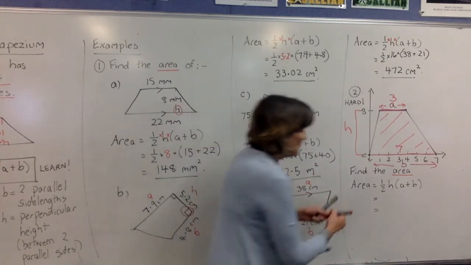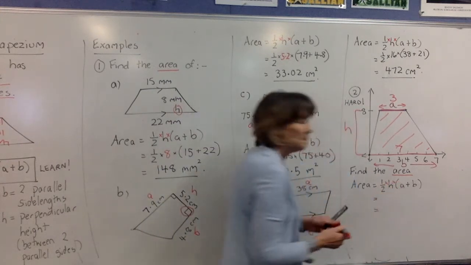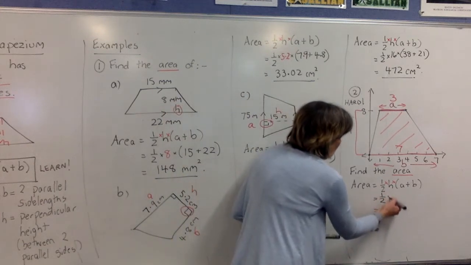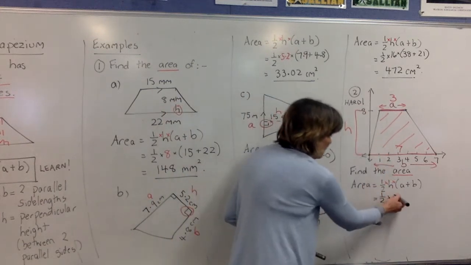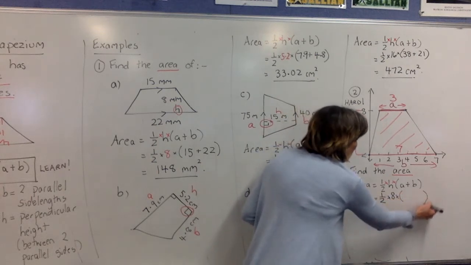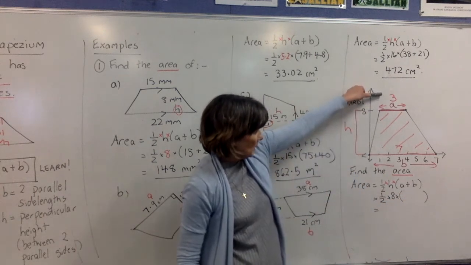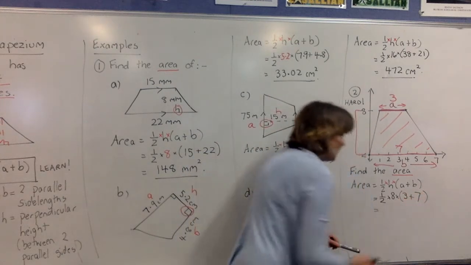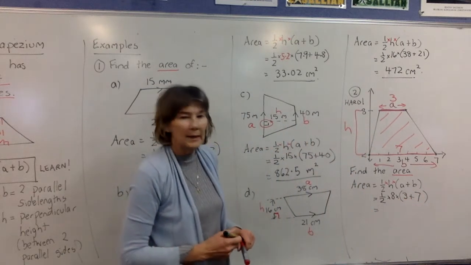So I write my formula down for the area of a trapezium, and I'm going to sub these things in. So I have a half times, the height is 8, times, open bracket, 3 plus 7 for my parallel sides. And then you're going to put that in your calculator.